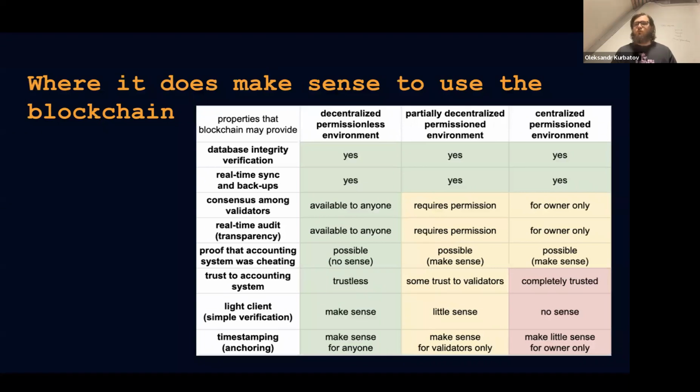And you can use this property for storing any data, and only a proof of integrity of this data.